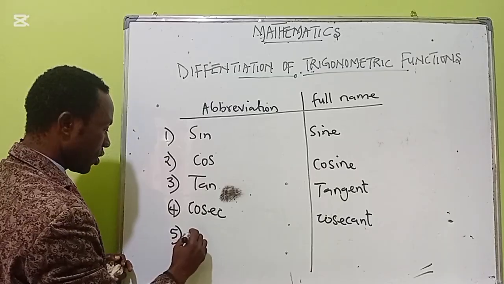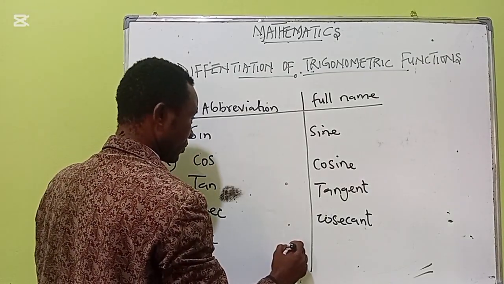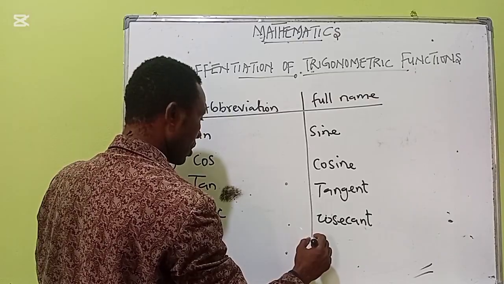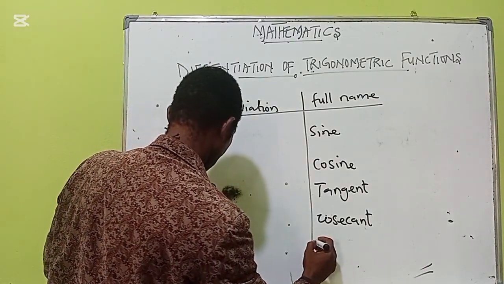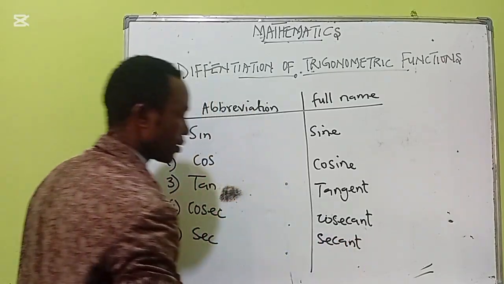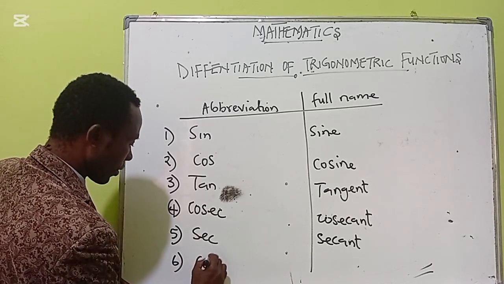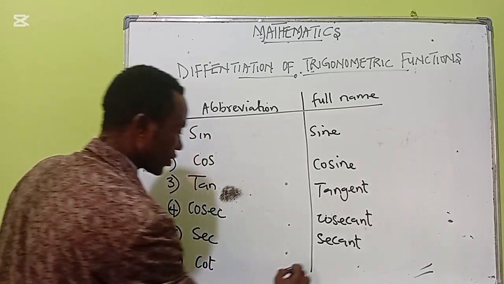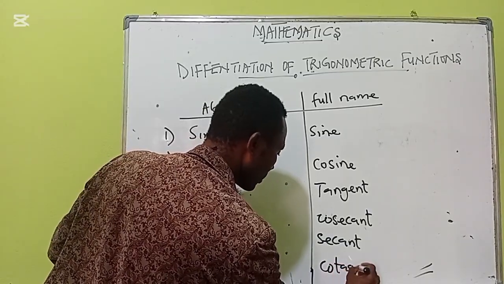Then number 5, we have sec, written in full as secant. Then number 6 is cot, written in full as cotangent.